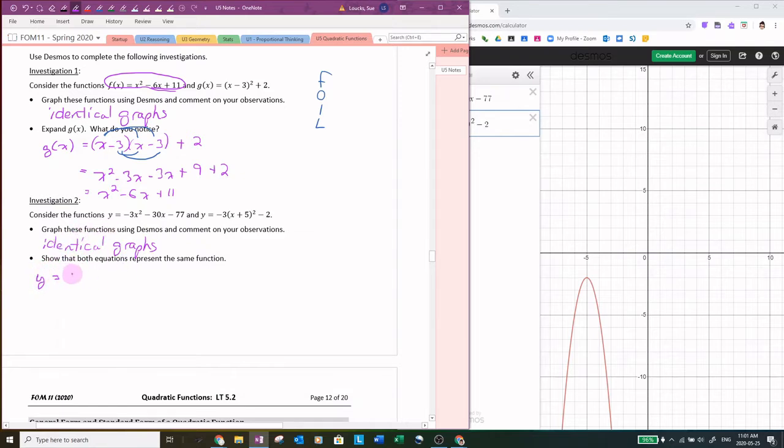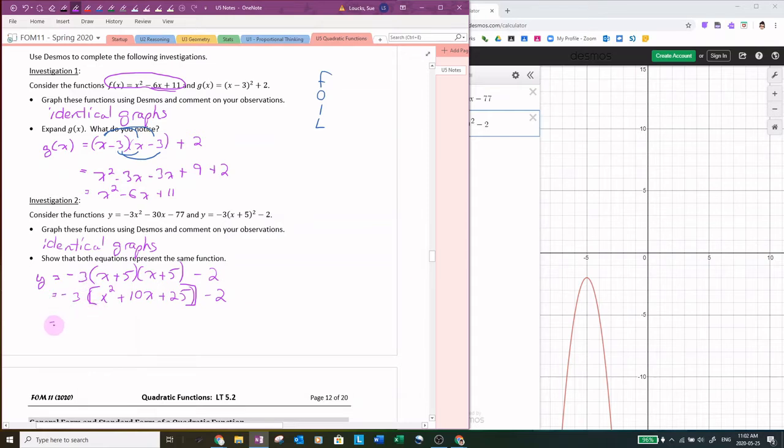So I'm going to do the expansion again. This is going to be negative 3 times x plus 5 times x plus 5 minus 2. So that's negative 3 times, I'm going to put some square brackets here, x squared plus 10x plus 25. I did shortcut that a little bit; it would be plus 5x plus 5x, and then minus 2.